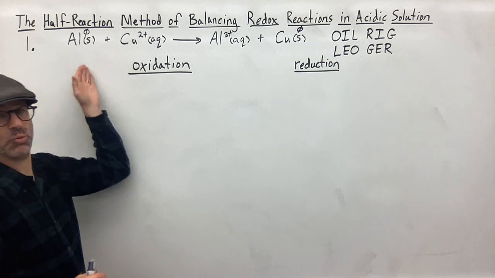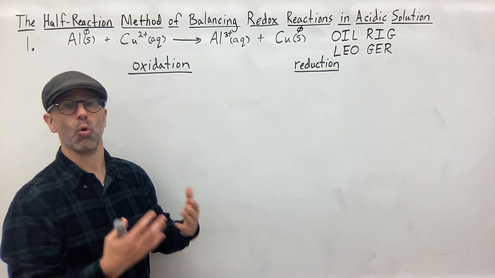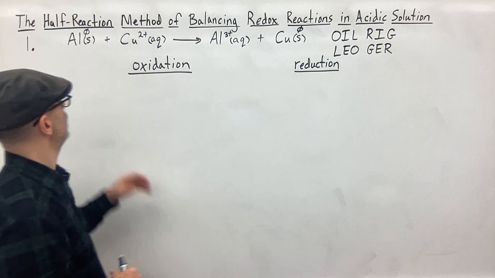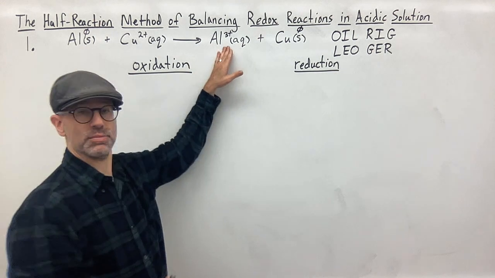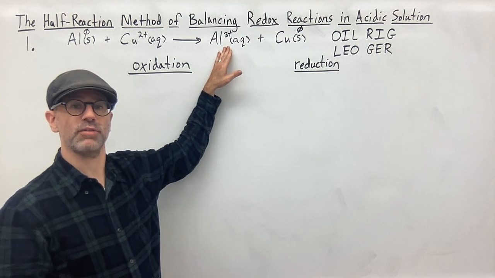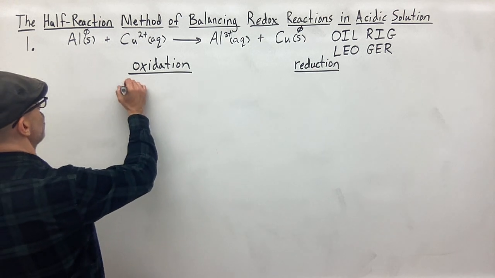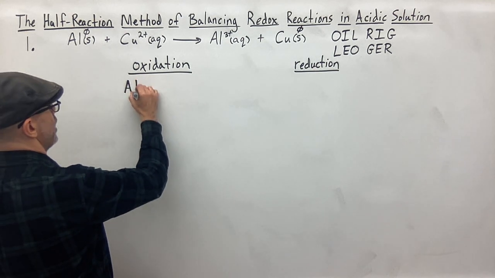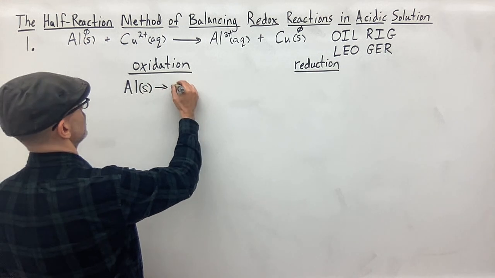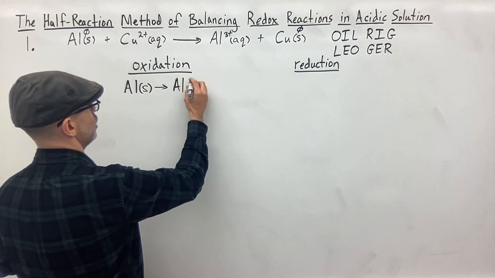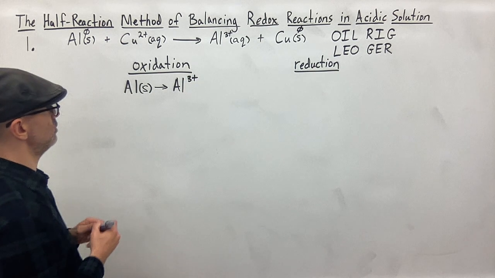So we're looking to see what lost electrons. If you lose electrons, that means you become more positive. So here aluminum is 0, and then it becomes 3 plus. So it became more positive. It lost electrons, so it underwent oxidation. So we're going to write the half reaction here. Aluminum solid goes to aluminum 3 plus.